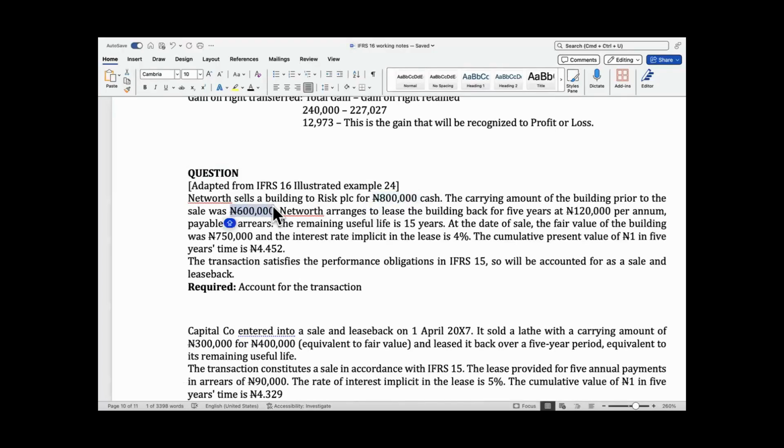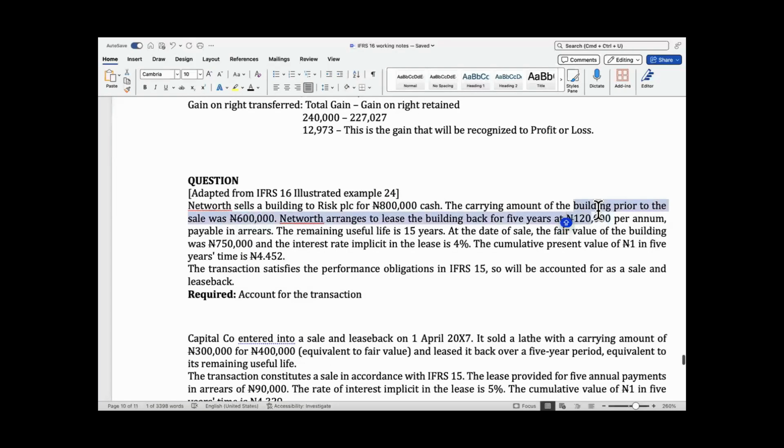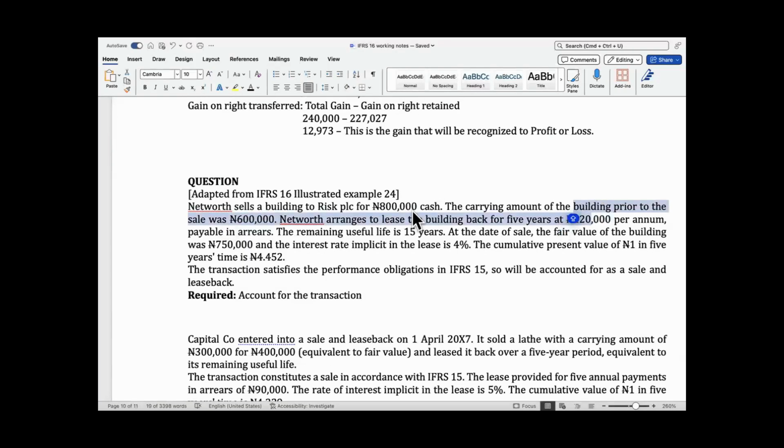Net worth arranges to lease the building back for 5 years at 120,000 per annum, payable in arrears. The remaining useful life of the asset is 15 years. At the date of sale, the fair value of the building was 750, and the interest rate implicit in the lease is 4%.